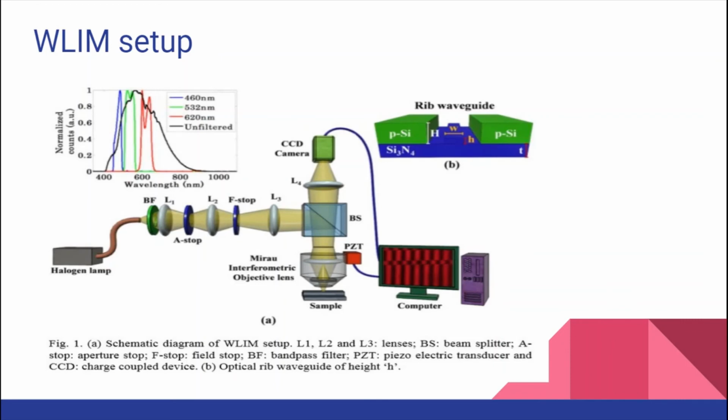Now, this is what the WLIM setup looks like. As you can see, these are the various kinds of filters present there, and these alter the white light coming from the input side, in order to obtain a particular color, and we see the spectral response corresponding to the output in the waveguides.